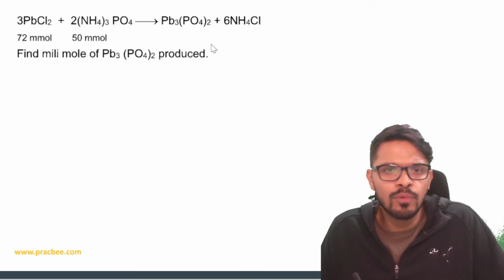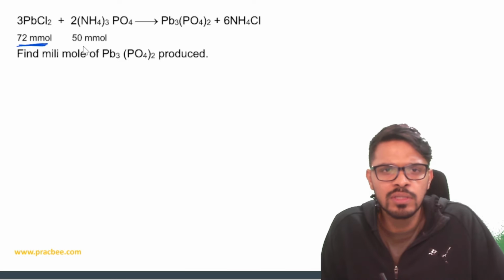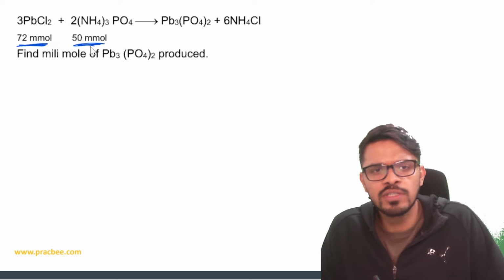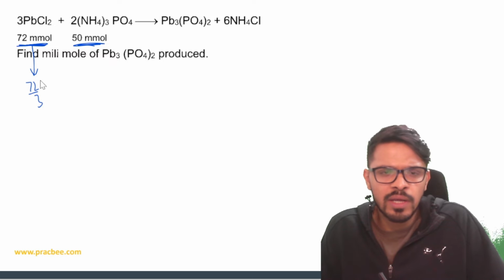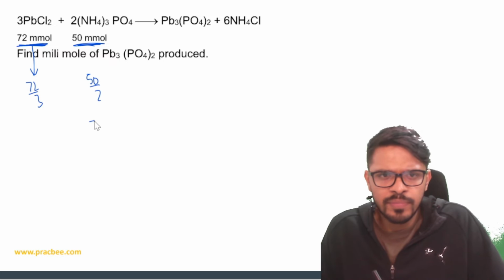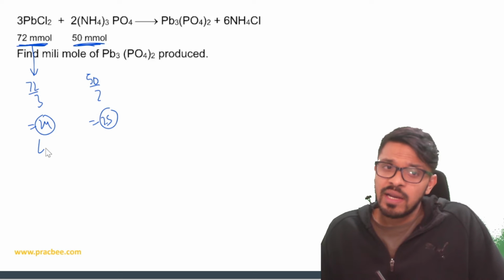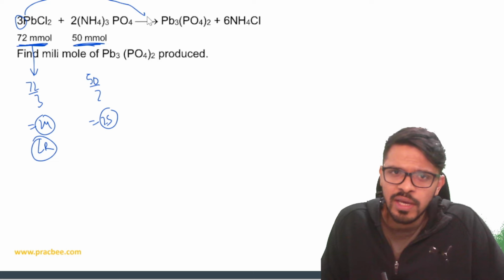Next question is from mole concept. If you see here, PbCl2 is given as 72 millimoles and (NH4)3PO4 is given as 50 millimoles. So the limiting reagent we calculate by the number of millimoles or moles divided by the stoichiometric coefficient. This is 24 and this is 25. This is the LR, the limiting reagent. So from 3 moles of this, I get 1 mole of this.